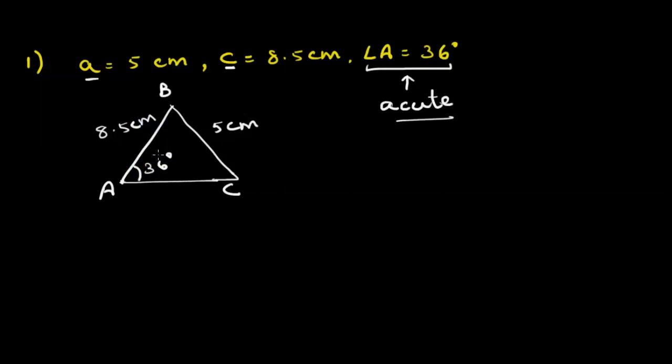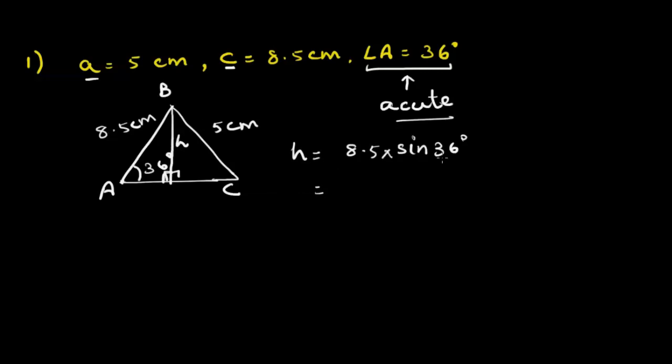Now, whenever we are in an acute triangle situation, our first step is to find out the height. So we would find this height using h equal to 8.5 sine 36, because this is going to be a right angle triangle and we're just applying sine ratios. We know sine 36 is opposite over hypotenuse, so that would be h over 8.5.